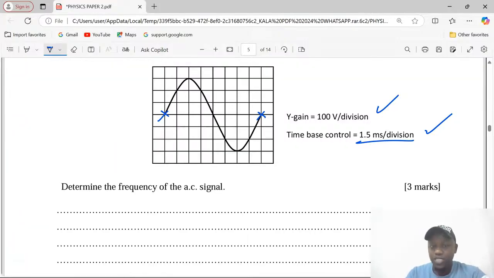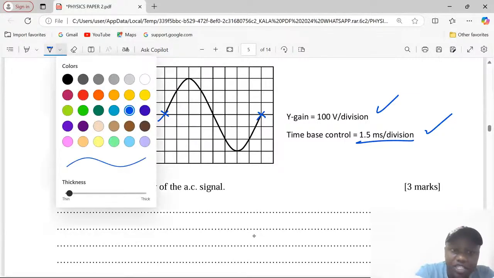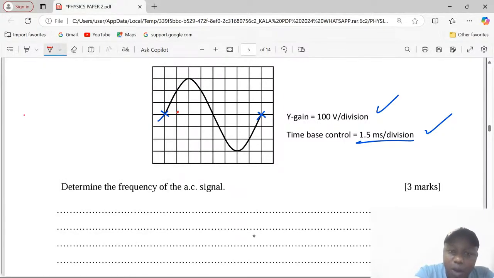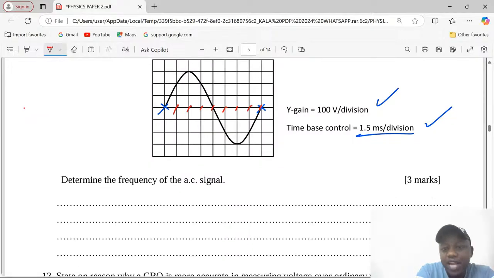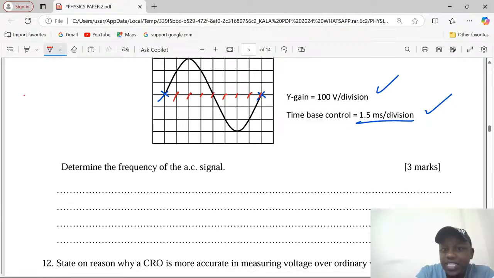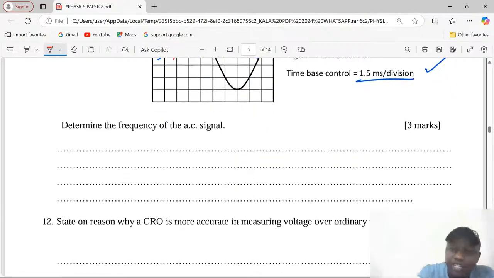How many divisions do we have? 1, 2, 3, 4, 5, 6, 7, 8. 8 divisions within a complete oscillation, and per division we have 1.5 milliseconds.